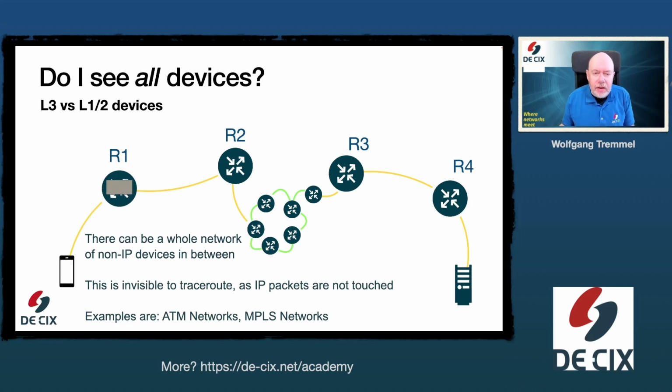So any IP packet going through that non-IP network, the hop limit counter is not decreased, and no ICMP time exceeded messages are generated. So this non-IP network between two routers is completely invisible to Traceroute.